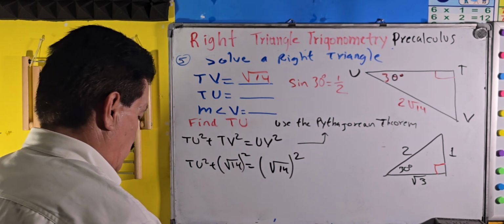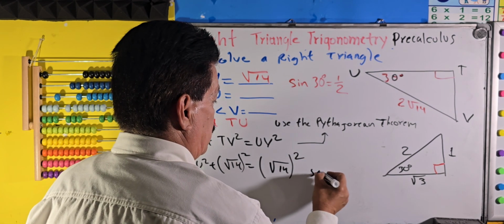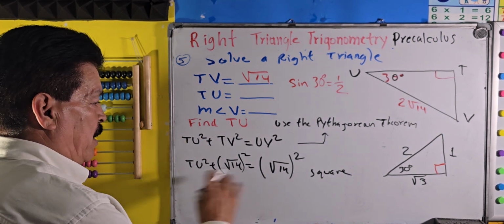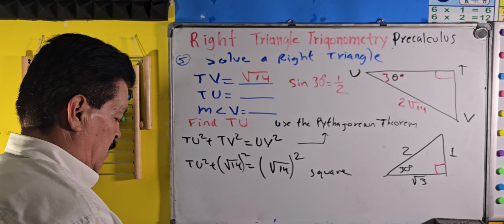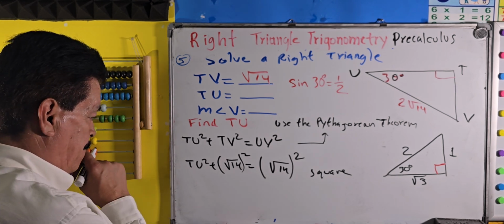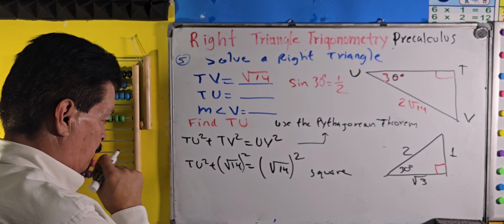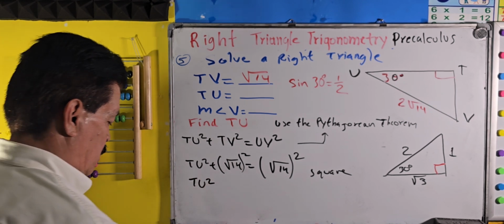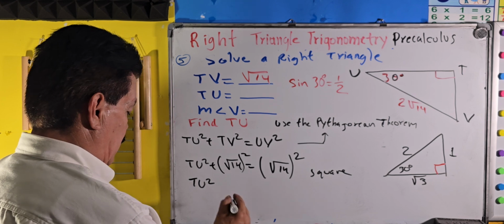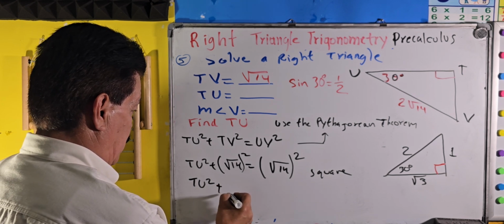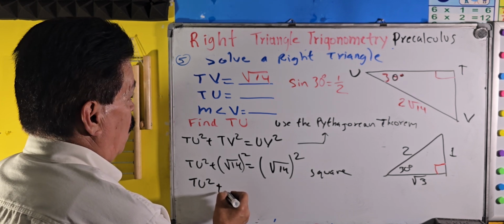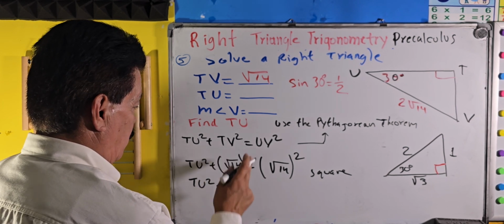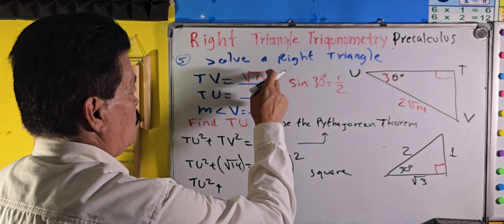When we square this, we will have TU to the second power plus... oh no, this is going to be like that, because you have the answer here.